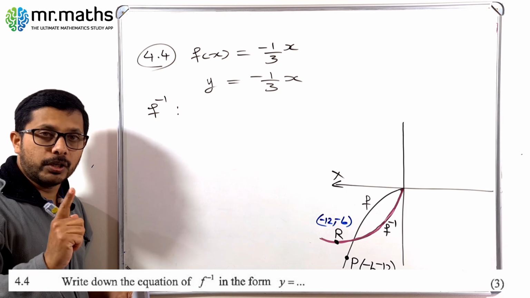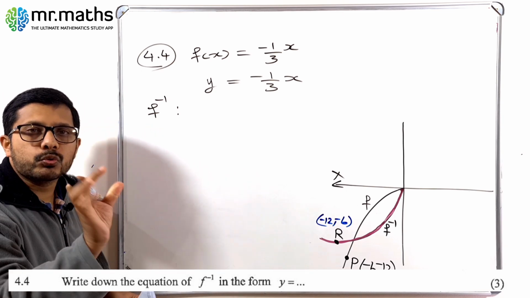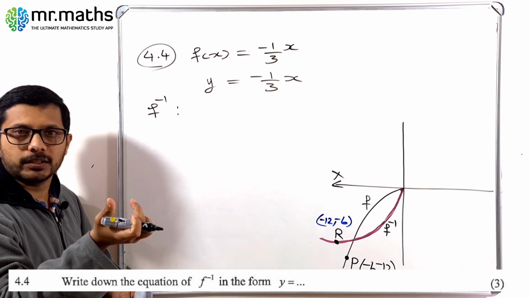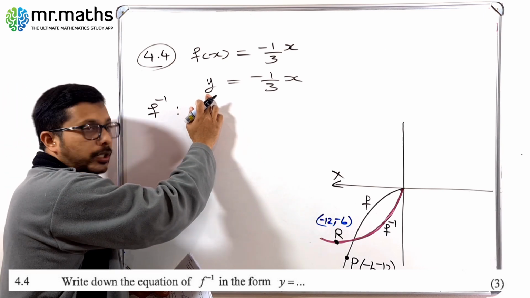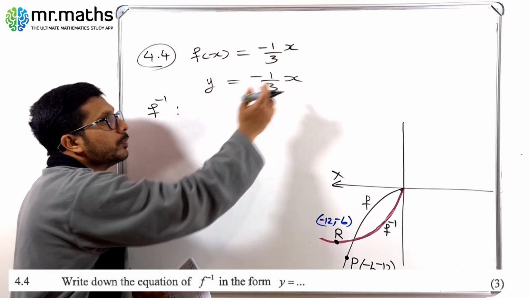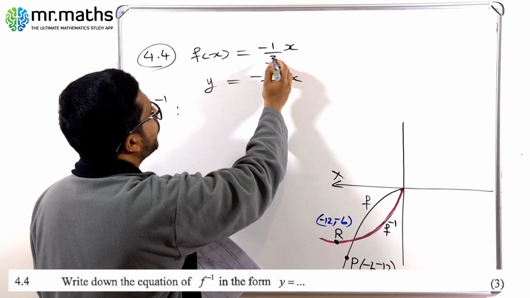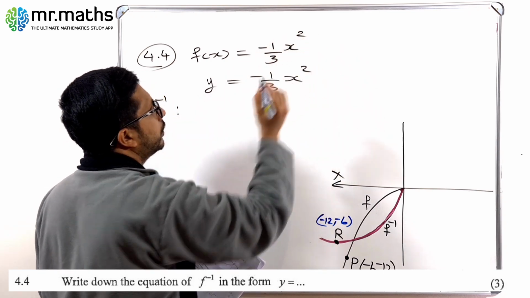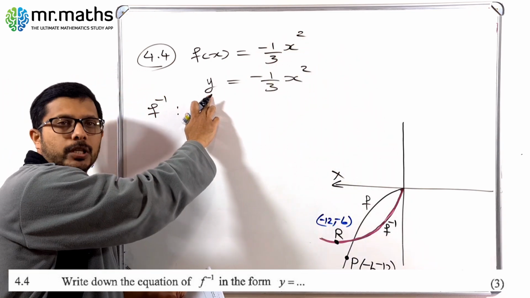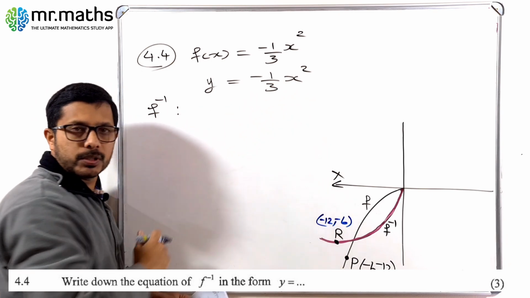You have to know that one. To find f inverse, you have to swap x and y. That means this y becomes x and this x becomes y, in y is equal to minus 1 over 3 x square.